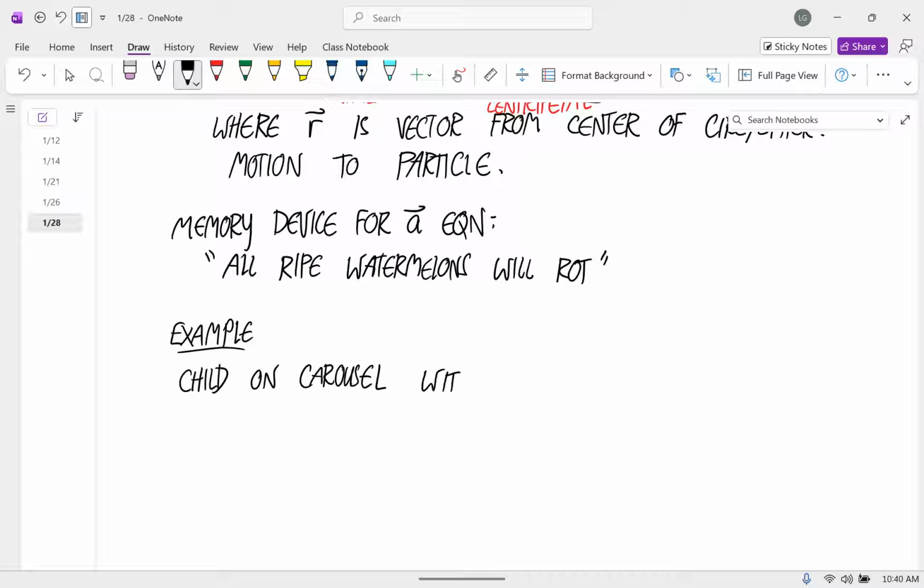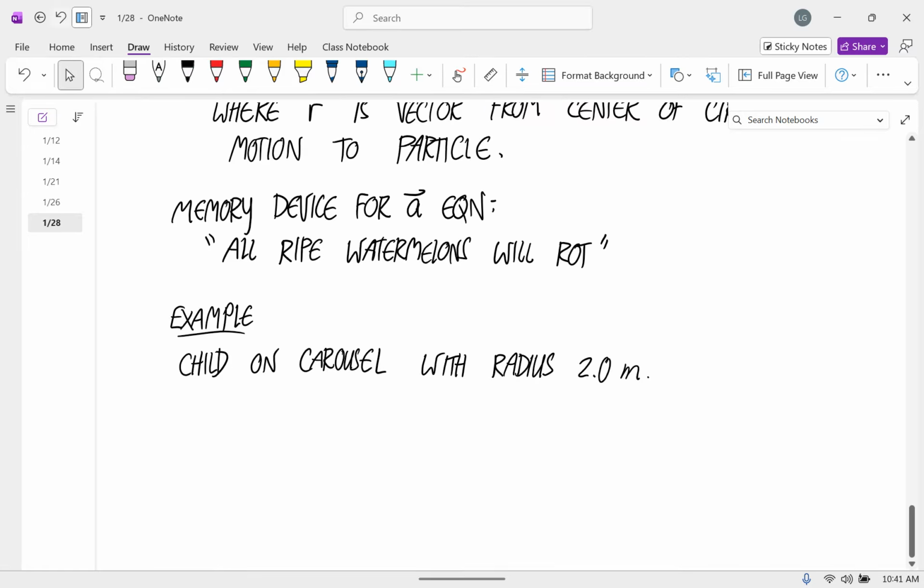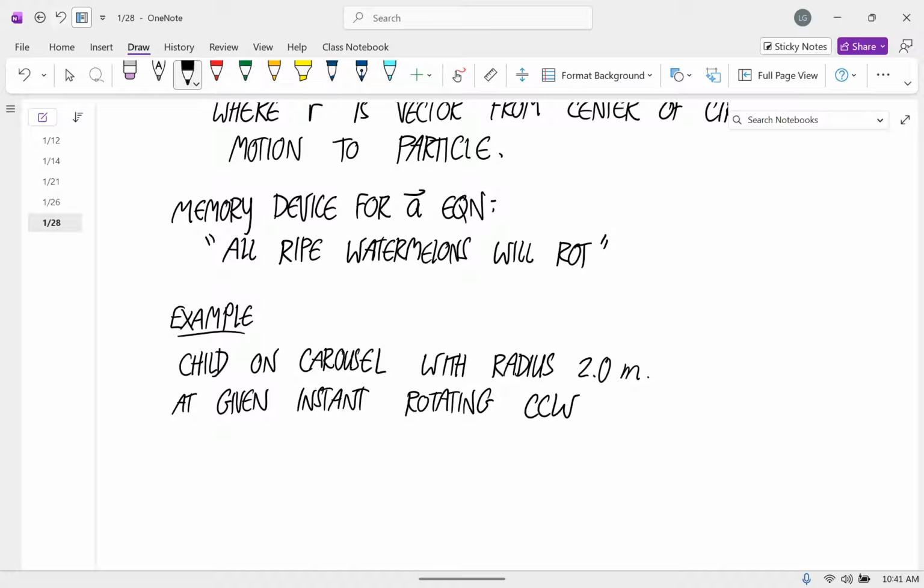And this thing has a radius of 2 meters. And at the given instant, so remember we're doing instantaneous calculations, it's rotating counterclockwise. And in 3D, counterclockwise and clockwise sort of lose their meaning unless you know what direction you're looking at something from.